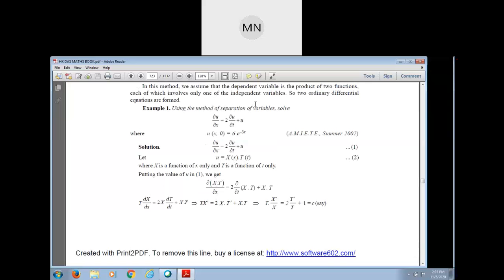Because the method says that u, the dependent variable, is the product of two functions, each involving only one independent variable. So we can write u equals X of x into T of t, because here the independent variables are x and t. After that, just put the value of u in the original equation.